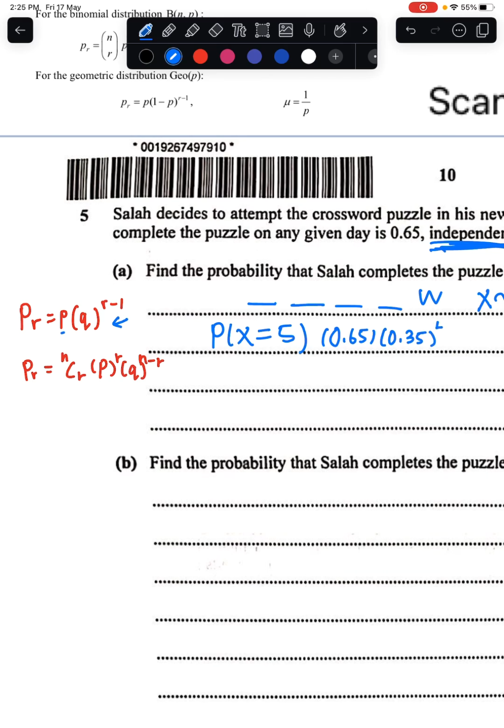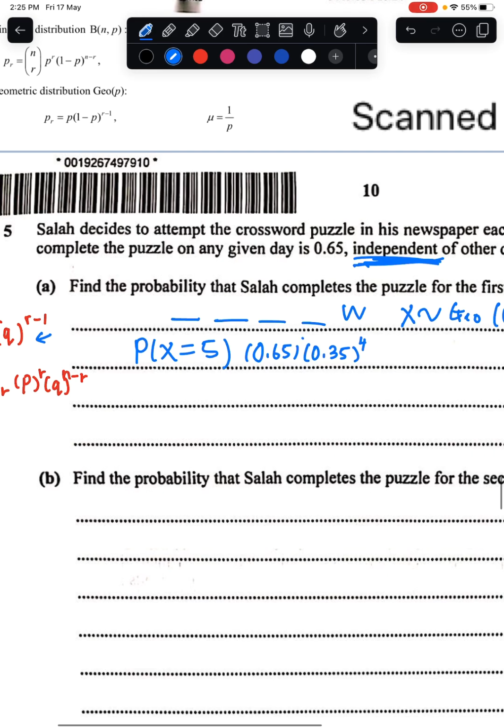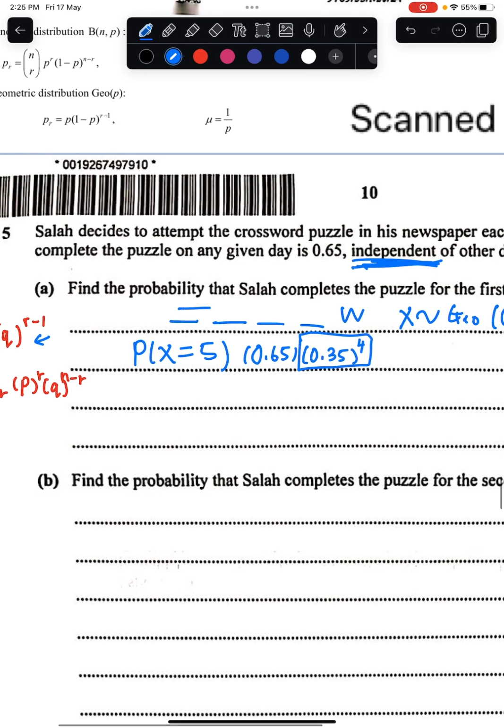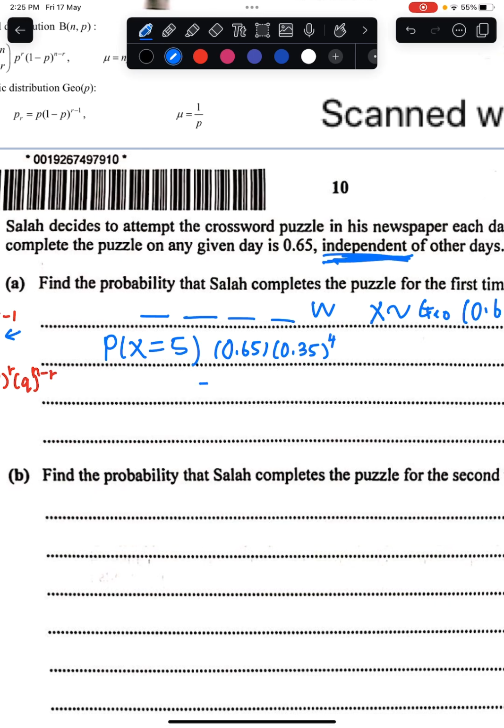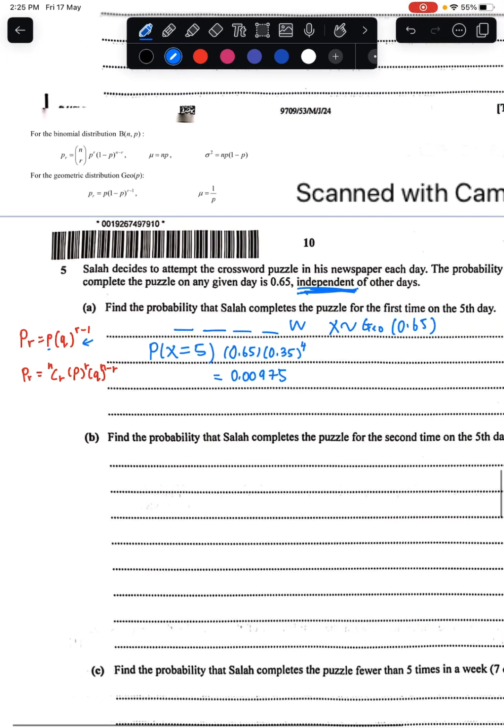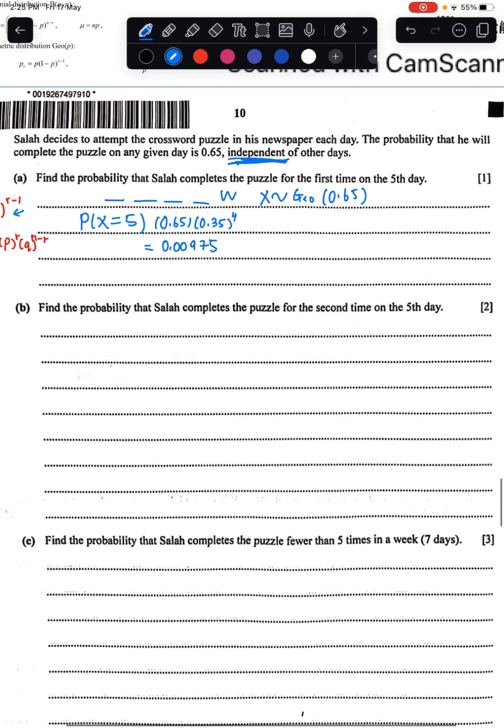So 5 minus 1 is 4. So this 0.35 to the power of 4 represents the 4 failures here. As you can see, the equation actually makes sense. So let me type the calculator: 0.00975. Okay, this is for question A, very easy, 1 mark.